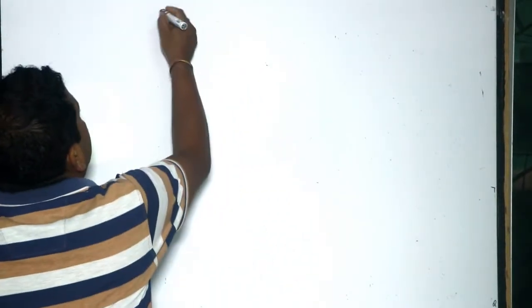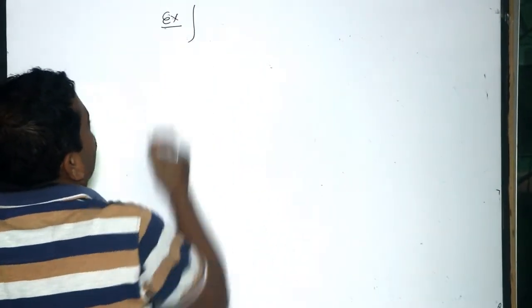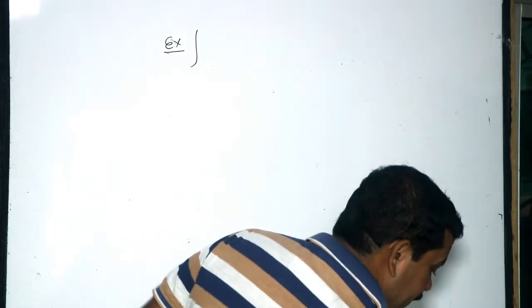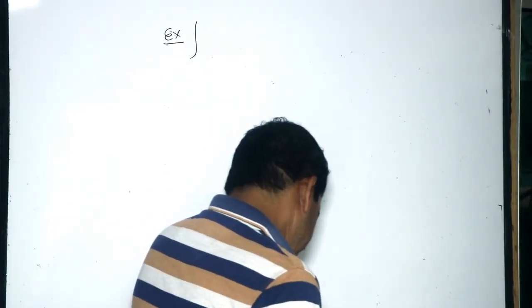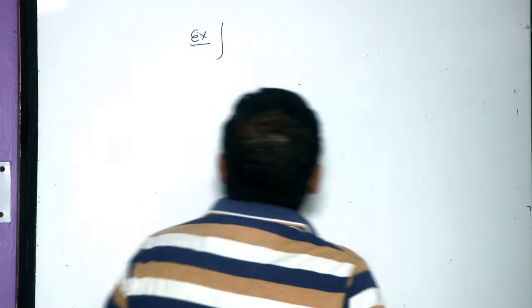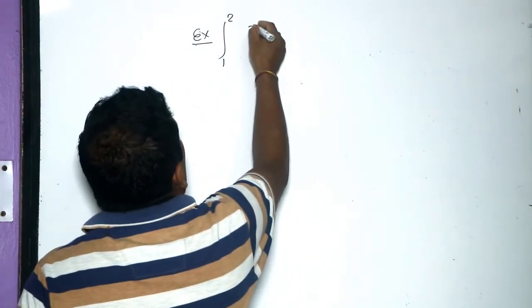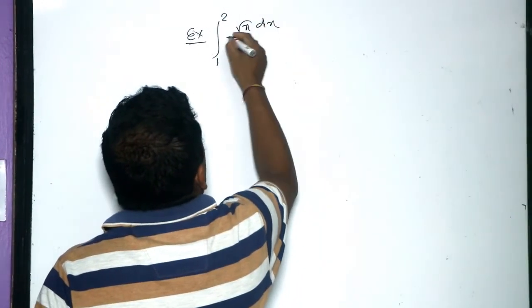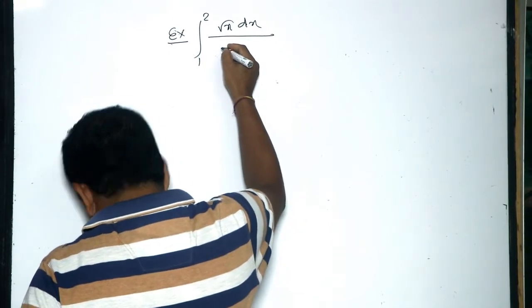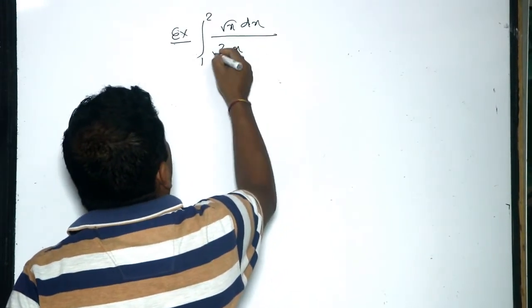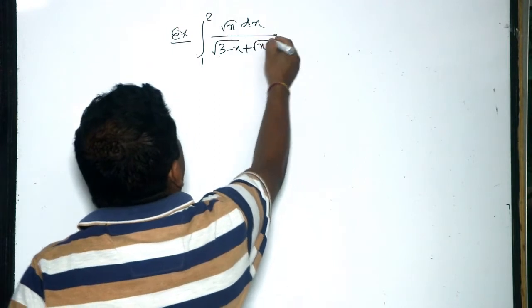Suppose the integration is of the form 1 to 2 root x dx by (root of (3 minus x) plus root x).